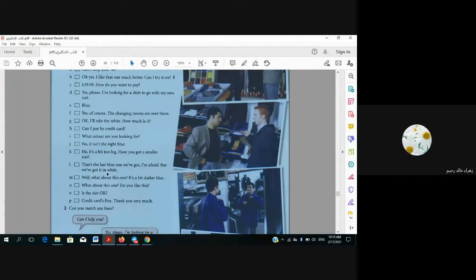Well, what about this one? It's a bit darker blue. No. Well, what about this one? What about this one?